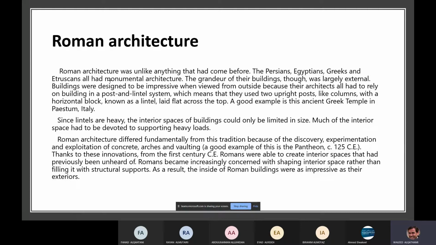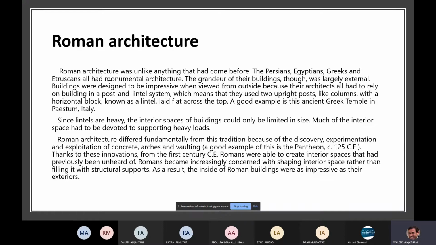Buildings were designed to be impressive when viewed from the outside, because their architects all had to rely on a post and lintel system, which means that they used two upright posts, like columns, with a horizontal block, known as a lintel, laid flat across the top. A good example is the ancient Greek temple in Paestum, Italy.